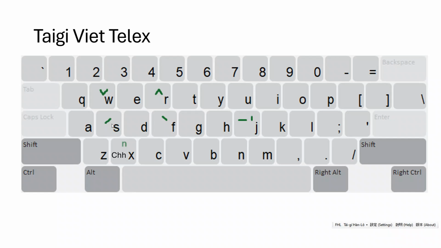And so as you can see, the S key is for the upside marks, and the F key is for the downside marks, and this J key is for the so low tones. In Vietnamese, it's called yao nang.